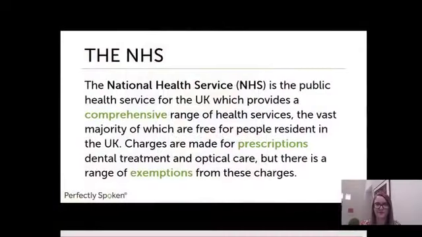Do you know what they mean? Comprehensive. What does comprehensive mean? Comprehensive range of health services. Well, comprehensive means wide ranging. So a wide range, lots of different options.